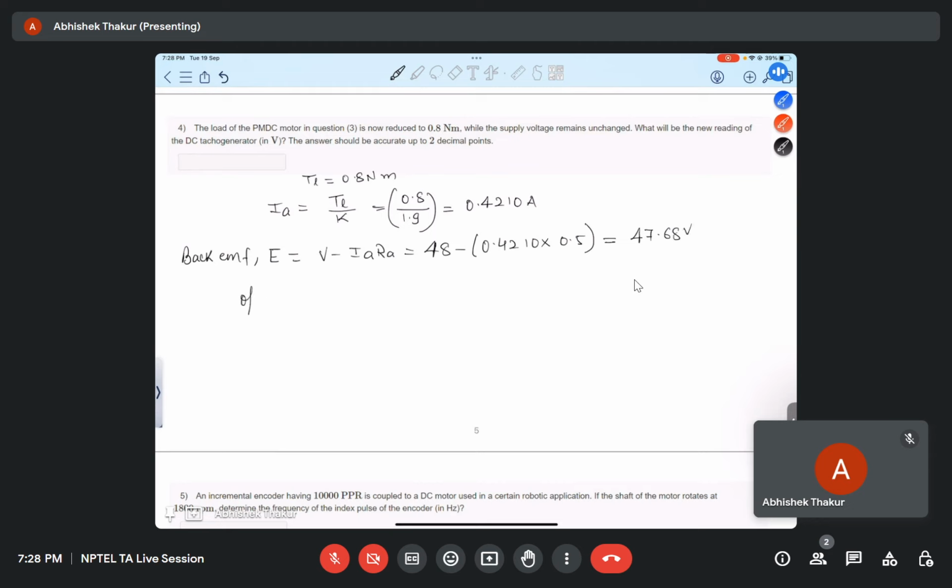So operating speed is equal to E by K. Our E, the back EMF, is 47.68 volt, and K is 1.9, as given in this question.